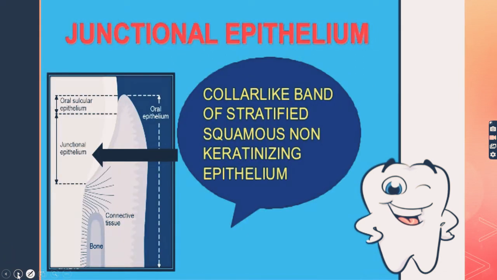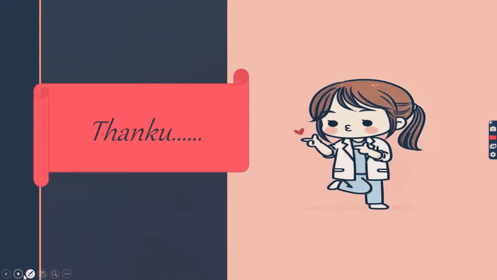Now, the third one is the junctional epithelium. Junctional epithelium is a collar-like band of stratified squamous non-keratinized epithelium. Yeah, this is non-keratinized. Okay. So, you can easily understand this is a collar-like band of non-keratinized stratified squamous epithelium. Okay.